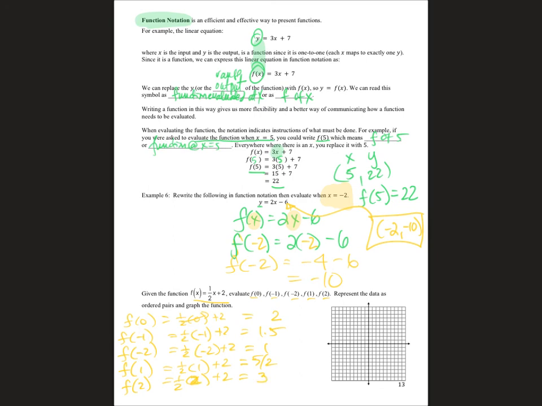So my ordered pairs are (0, 2), (-1, 1.5), (-2, 1), (1, 5 halves), (2, 3). I could plot those and graph it.